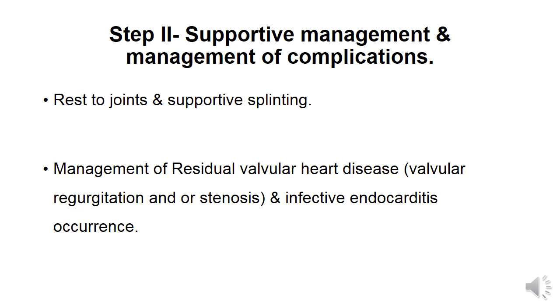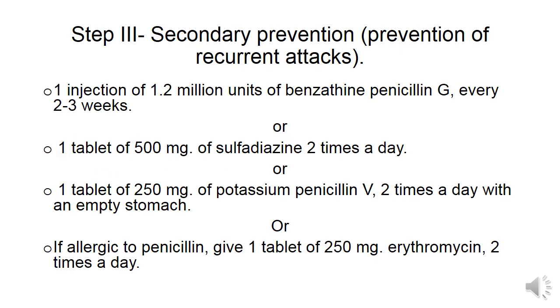The management of complications includes management of residual valvular heart disease, if there is valvular regurgitation and or stenosis. We can give prophylaxis against infective endocarditis so that this might not happen in the future. And the tertiary prevention is prevention of the recurrent attacks.